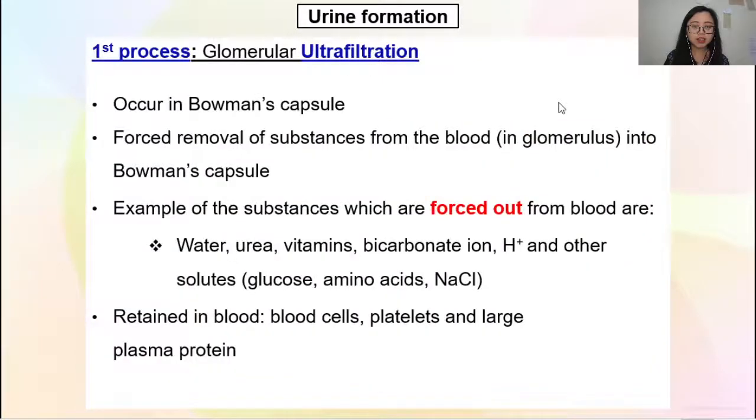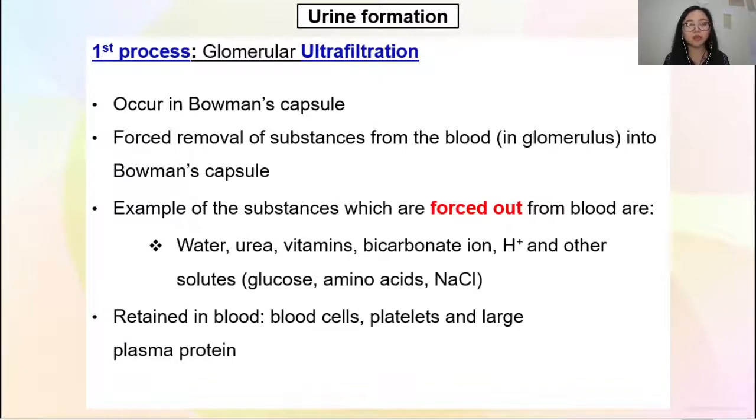Okay, so let us look at the first process that is involved, ultrafiltration. This will occur in the Bowman's capsule. It is the forced removal of substances from the blood in the glomerulus into the Bowman's capsule.